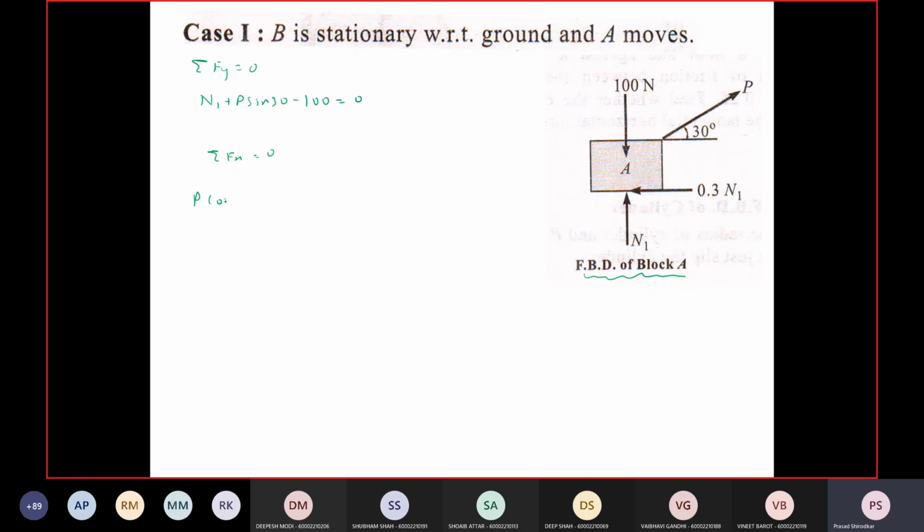P cos 30 minus 0.3 into N1 is equal to 0. So N1 is 100 minus P sine 30. Substitute N1 in this equation and find out P.